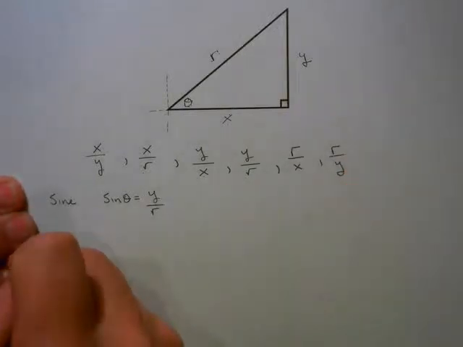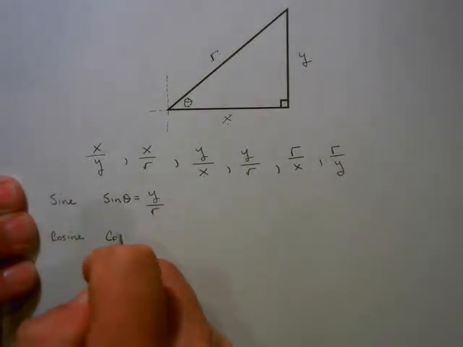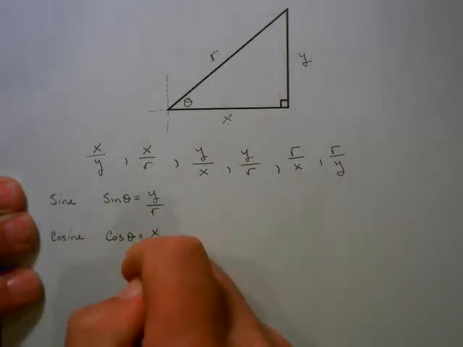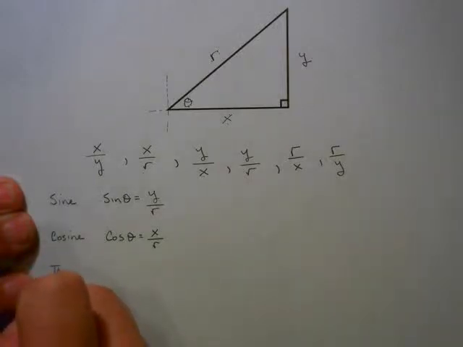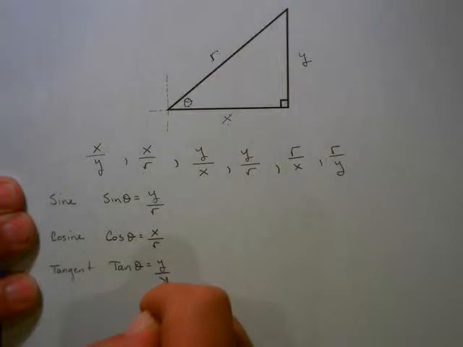Cosine theta, abbreviated COS, and then our angle, equals x over r. And tangent, which is TAN, of our angle, is equal to y over x.